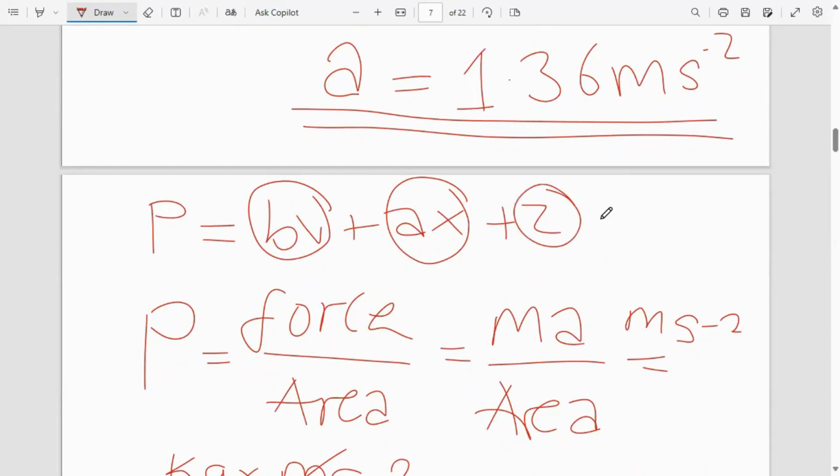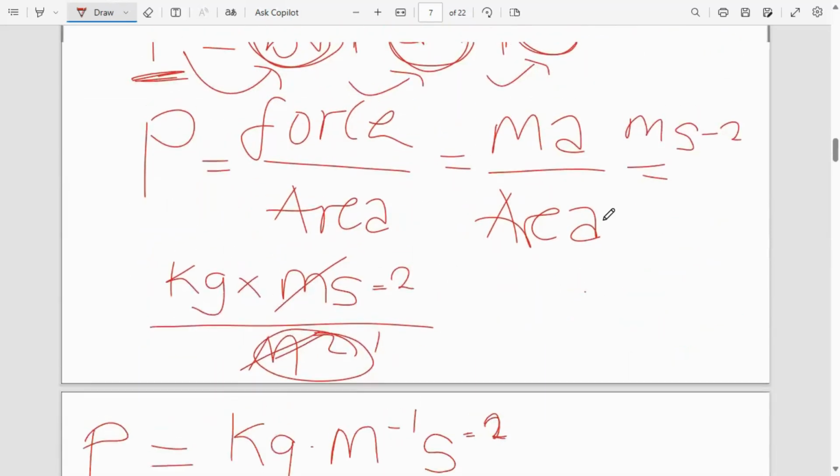When you are dealing with dimensional analysis and they've given us something on the left equated to such an equation on the right, that means you have to equate P to the individual expressions on the right. That means P is equal to BV, P is equal to AX, and P is equal to Z. That's how we go about it when we're dealing with dimensional analysis.